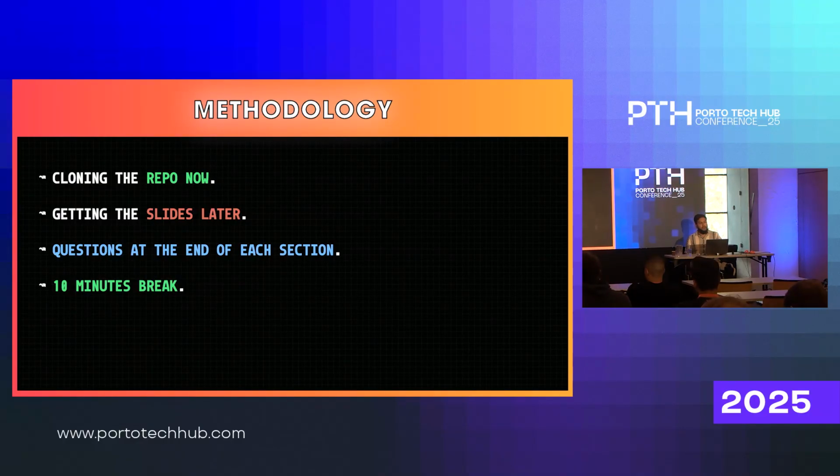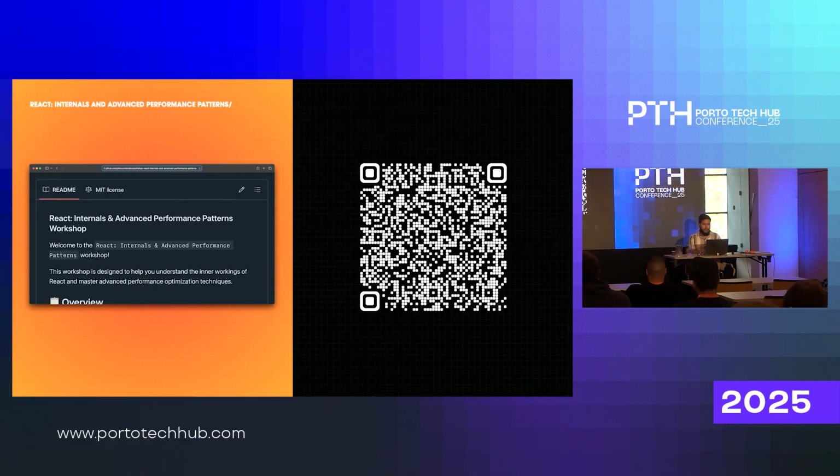I'll have some question slots at the end of all the complex sessions so that we can tackle things as we talk about it. And last but not least, there's going to be a 10-minute break that I plan to sync with the official coffee break of the conference, but before running the break, I'm going to ask you, hey, do you feel like going on a break?